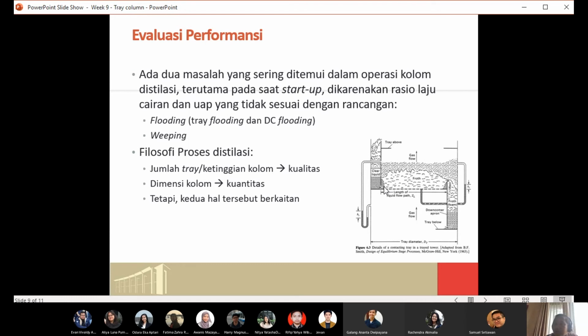Because the thickness of the liquid is too thin, the gas is able to carry the liquid back to the above tray.